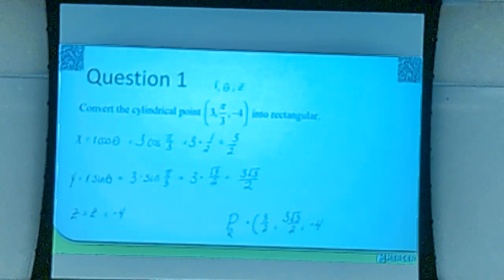That would be a point in rectangular. It's very straightforward.